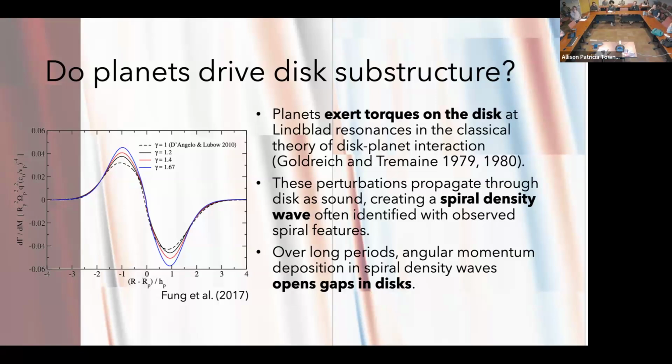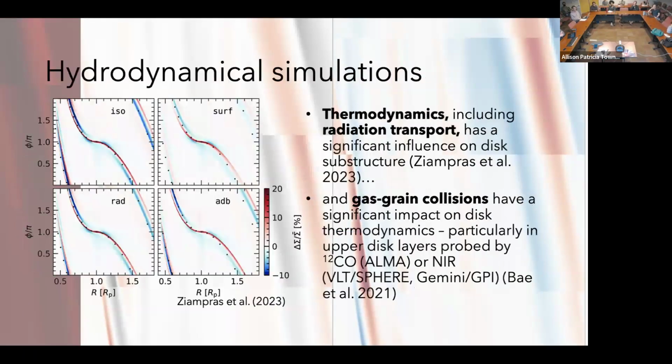Now, this is the picture, but more recently, there's been hydrodynamical work that has helped to enrich and modify this. For instance, some recent work by Alexandros Ziampras et al. 2023 has shown that if you include full radiation hydrodynamics in your simulations, it can affect the observational appearance of these spirals.